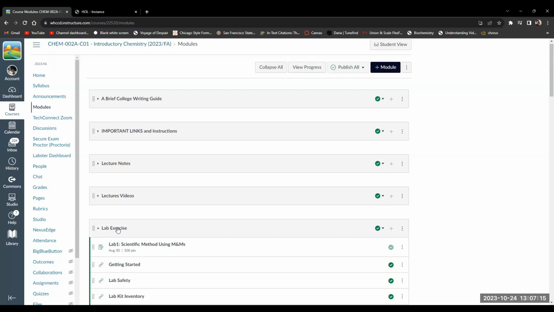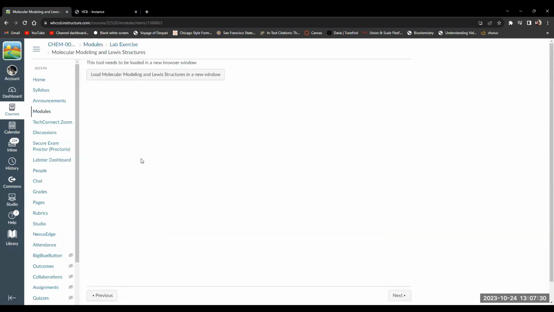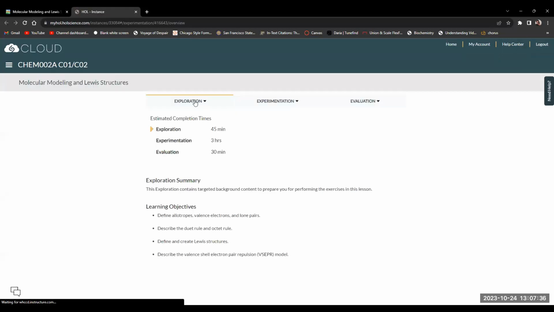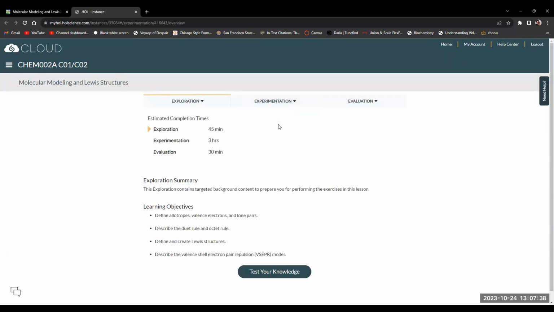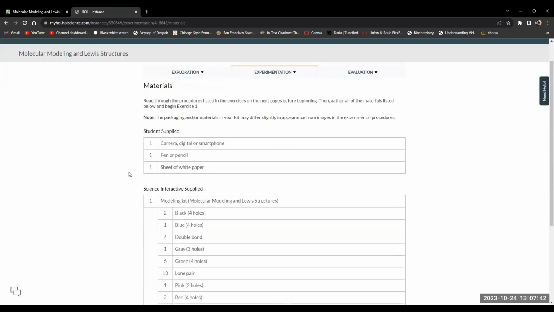So today's lab is molecular modeling and Lewis structure. It's right here. Let's go ahead and open that so we can get started. It's actually not that many materials this time around.